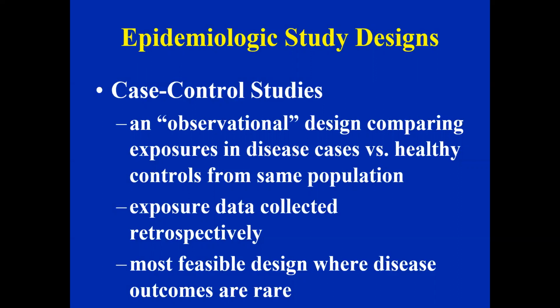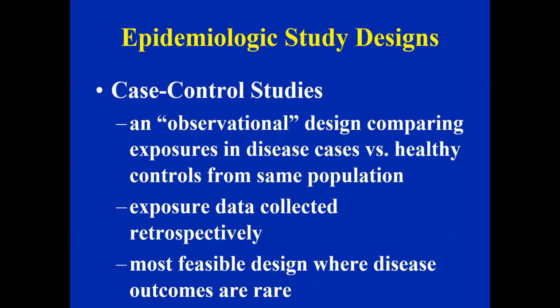We collect our data of exposure retrospectively. Remember, we use this design when the disease outcomes are rare, or for diseases which are rare. We select our study participants based on the outcome or the disease. So we select those with disease and those without disease.